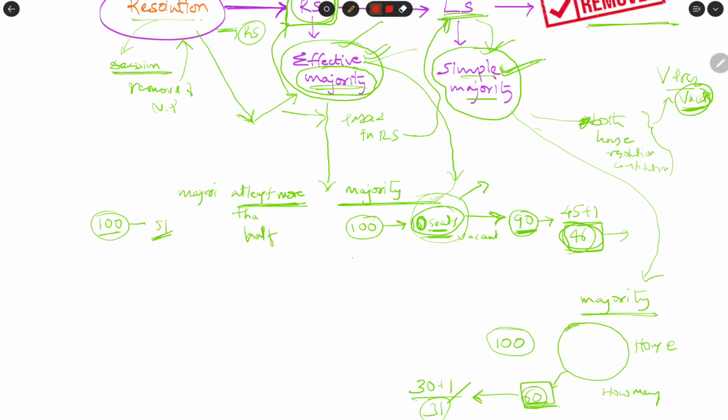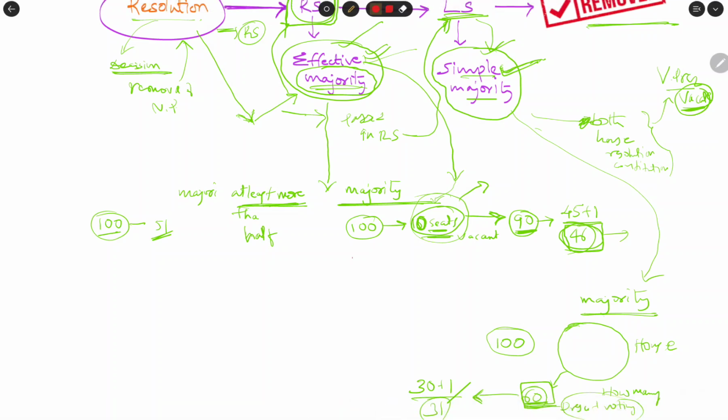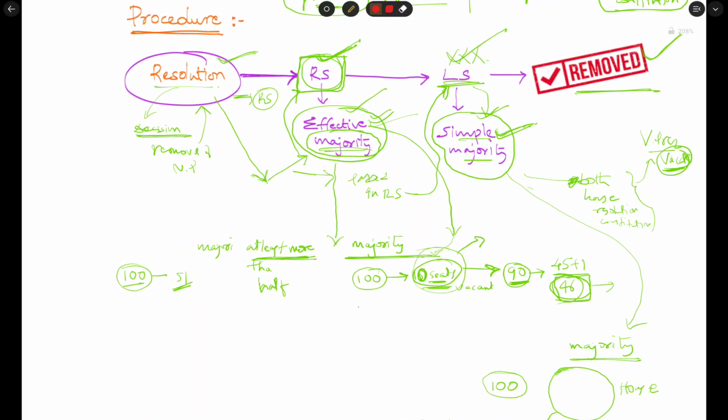For simple majority, they eliminate the absent members, taking only those present and voting in the house. When both are achieved, the Vice President is considered removed, meaning the Vice President needs to vacate his seat. This is the procedure.